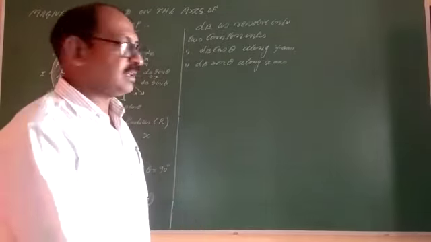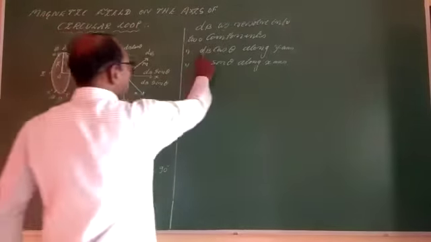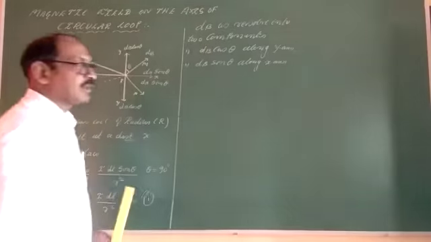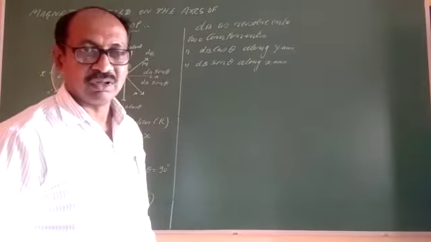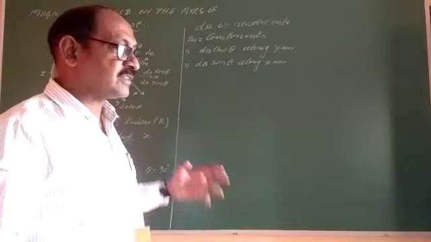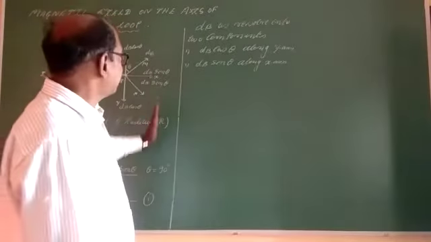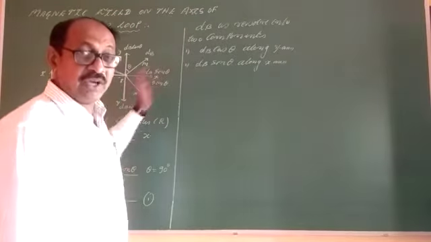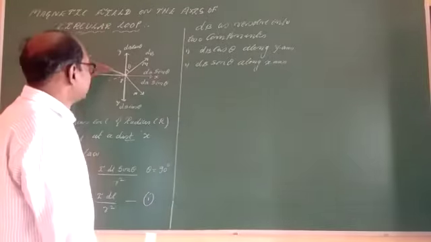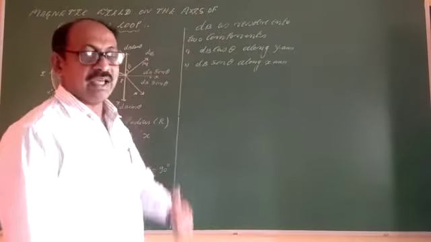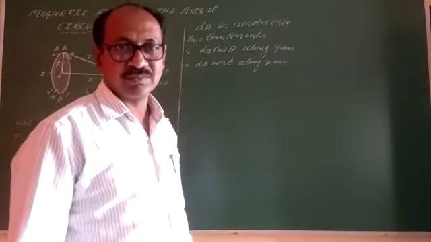Now let us understand this. The dB cos theta becomes zero. There is no magnetic field acting along the perpendicular. Then where is it acting? Only along the x-axis.